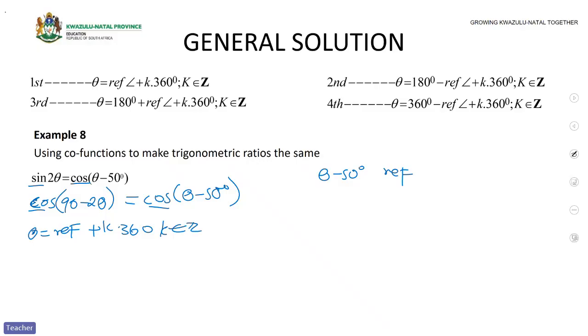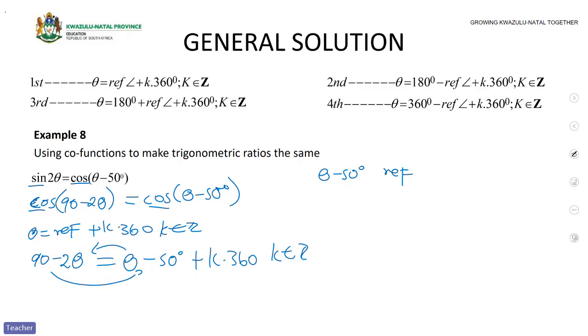And then our first angle, it's 90 minus 2 theta, sorry, not 20, it's 2 theta, equals our reference angle, which is theta minus 50 plus k times 360, where k is an element of all integers. And then you need to solve by taking this theta to the other side, and then we move 90 to the other side.